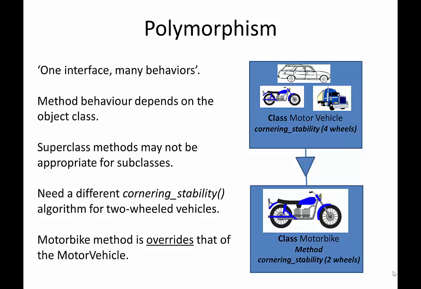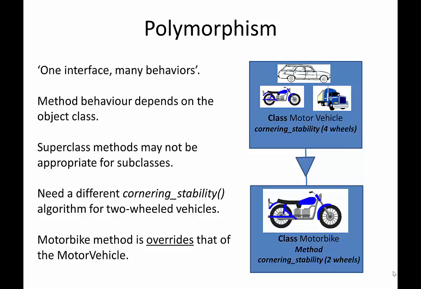And in our class hierarchy, we've just got one class, motorbike, which needs a different equation because it's only got 2 wheels. So what we can do is define, at a motor vehicle level, a 4-wheeled cornering stability method, okay? And then that is inherited by all classes beneath it.